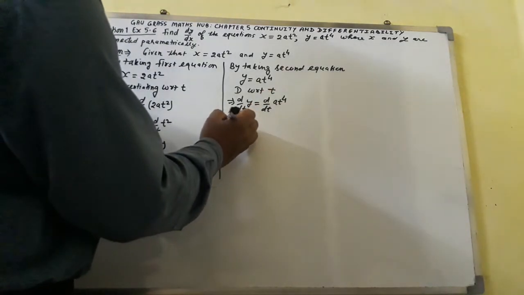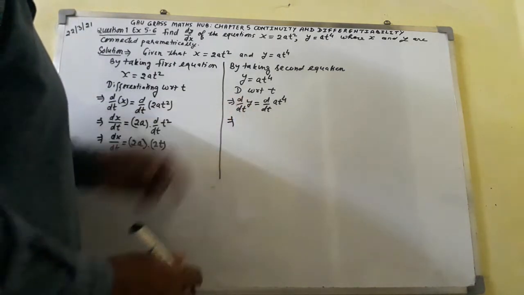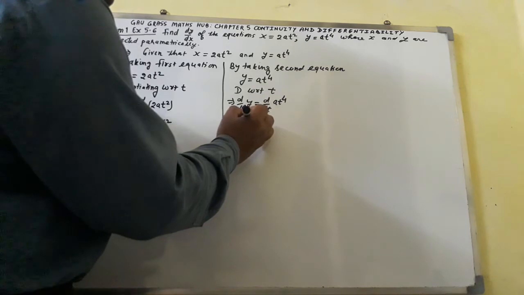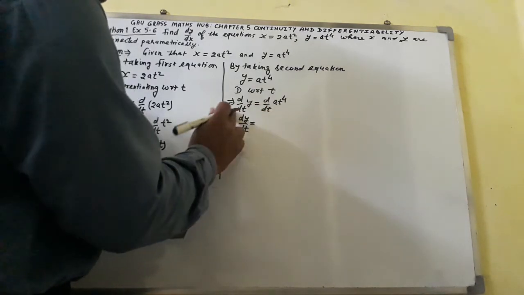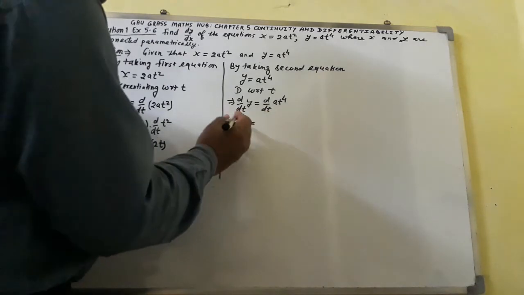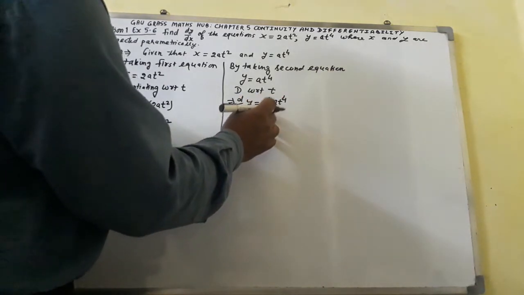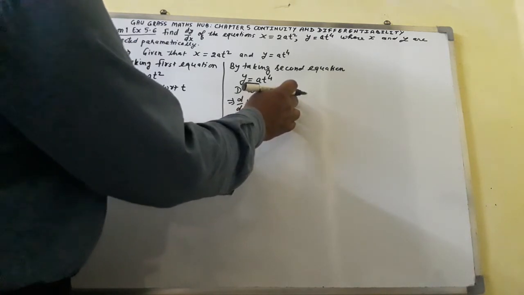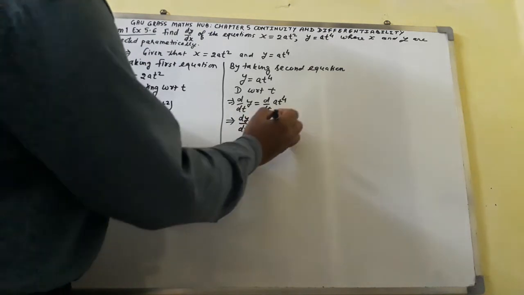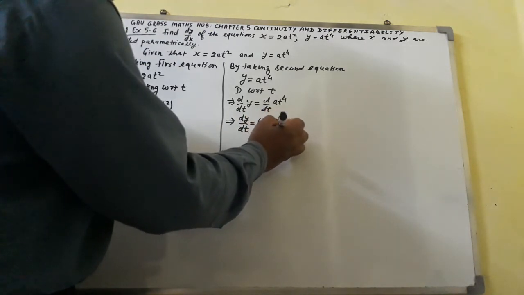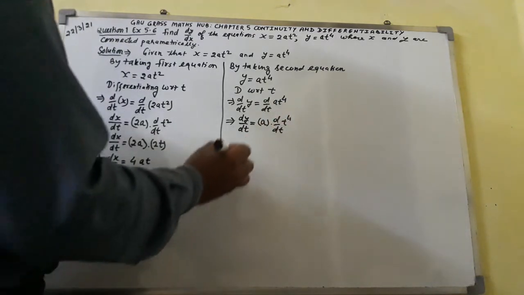So we shall get here dy over dt is equal to d over dt of at raised to the power 4. Here a is a constant. So d over dt of t raised to the power 4.